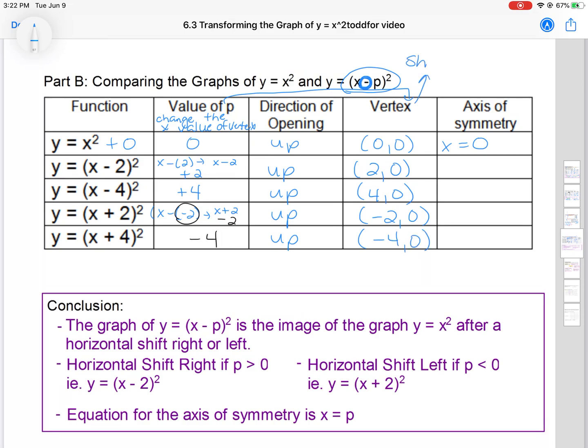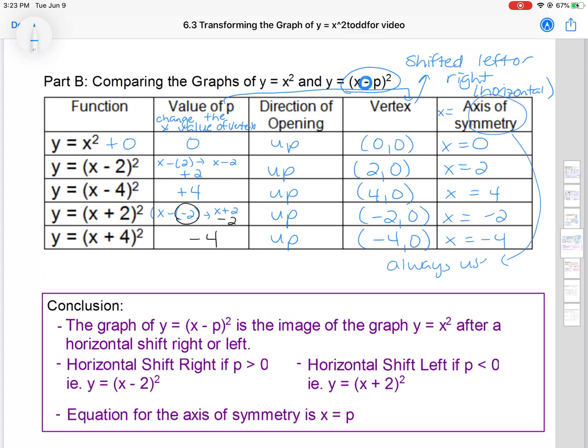So it's been shifted left or right, which is horizontal. So now the axis of symmetry, because axis of symmetry is always x equals, then you have to use the x value from the vertex.